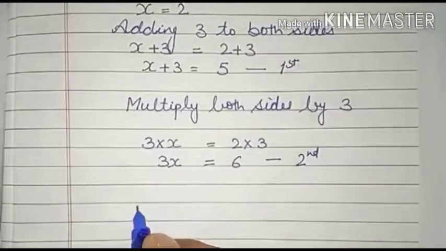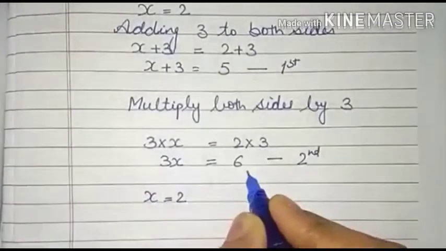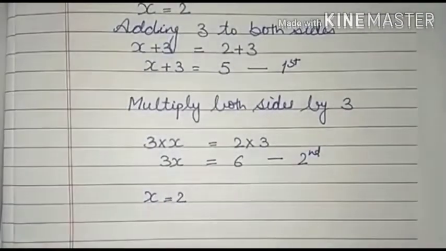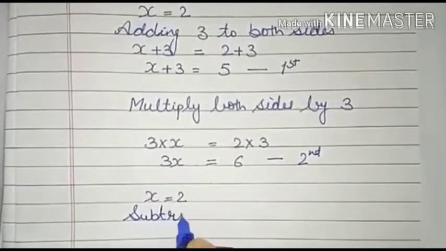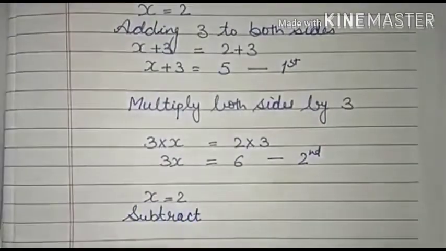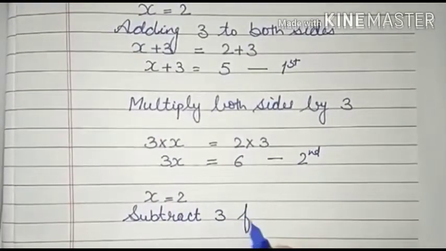Now for the third equation, I am going to take x is equal to 2 again. You can continue with this also, but now I am going to take x is equal to 2. Now I am going to subtract 3 from both sides.